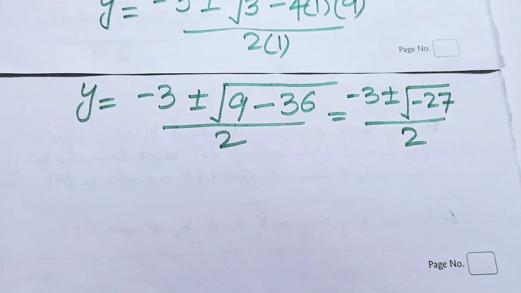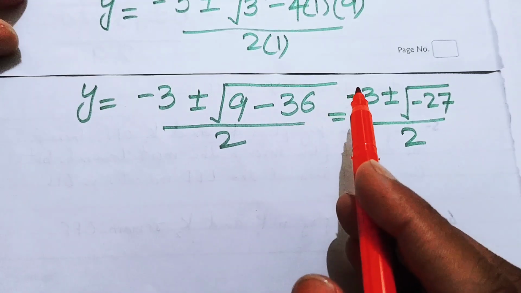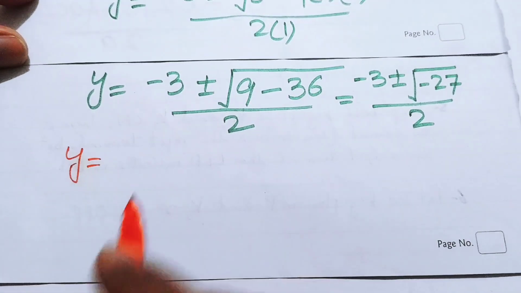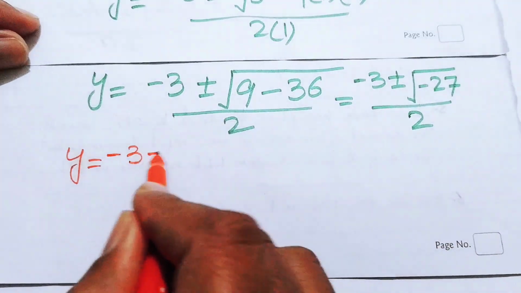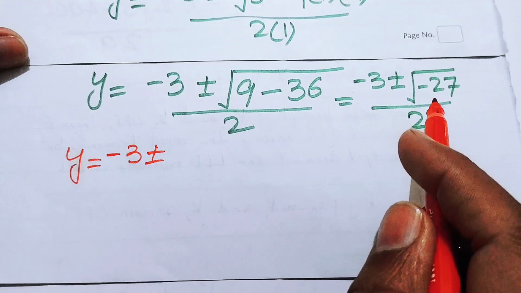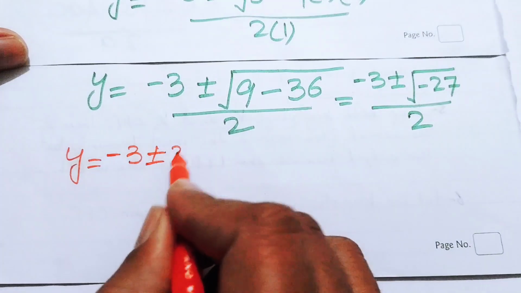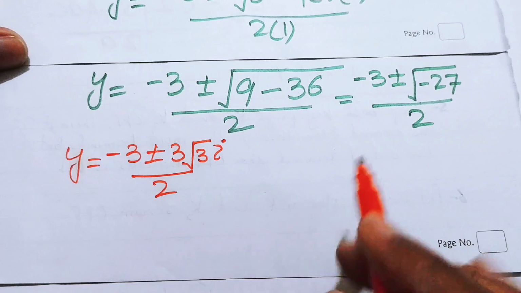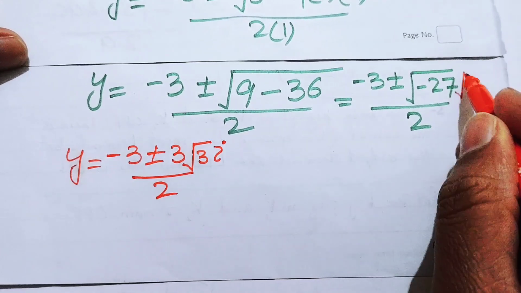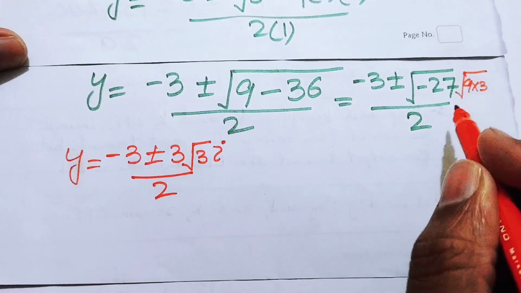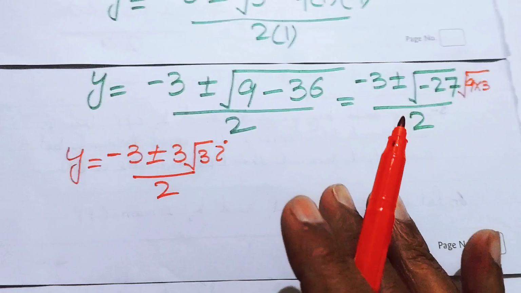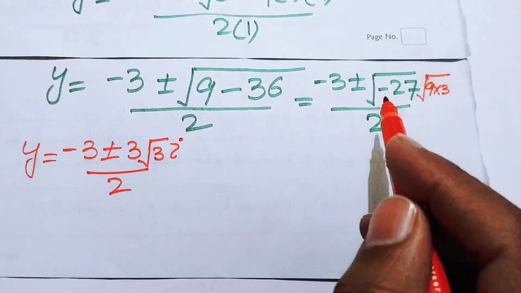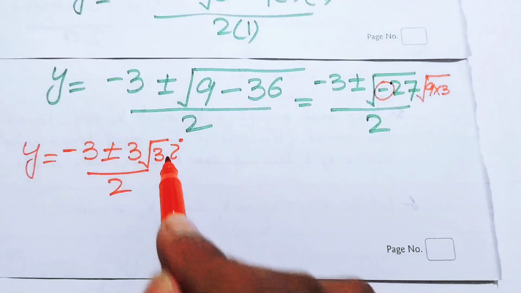So in the next step we separate these two cases, and we write y equals minus 3 plus minus square root of minus 27, and we write this 27 as 3 times 3, so the square root of 9 is 3, and we write this 3 times the square root of 3, and the square root of the minus sign will be iota.